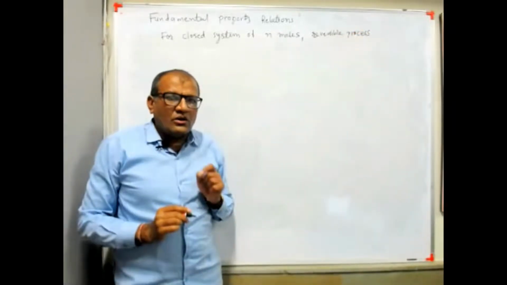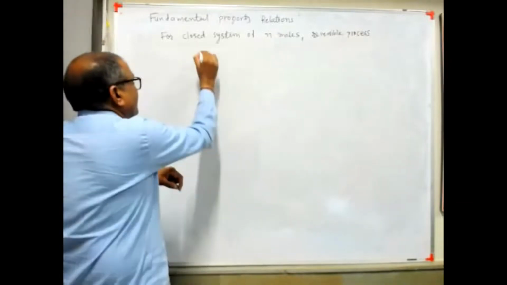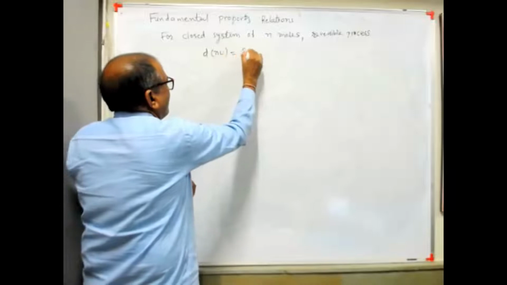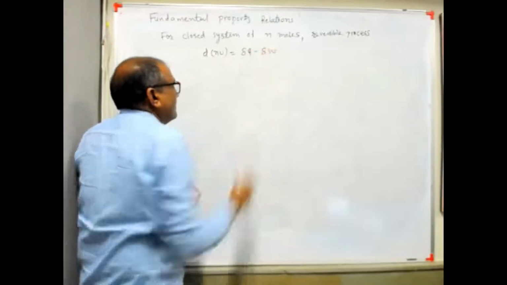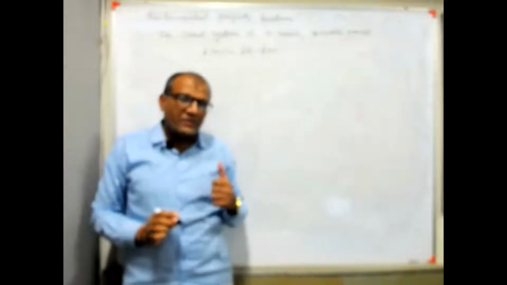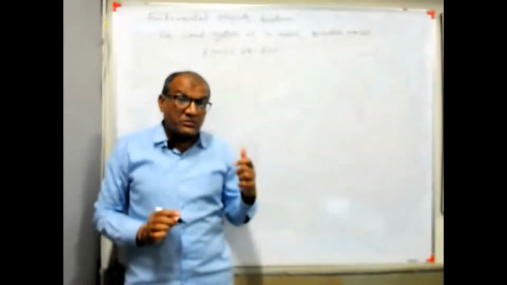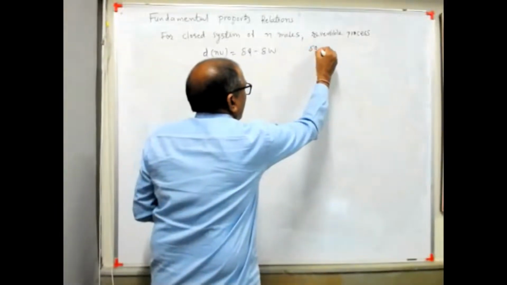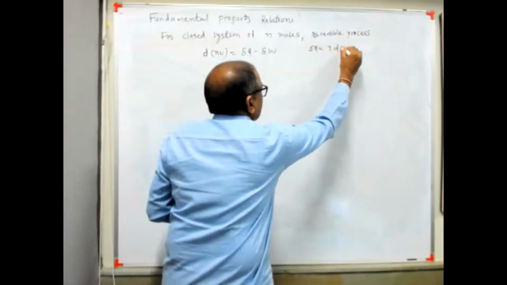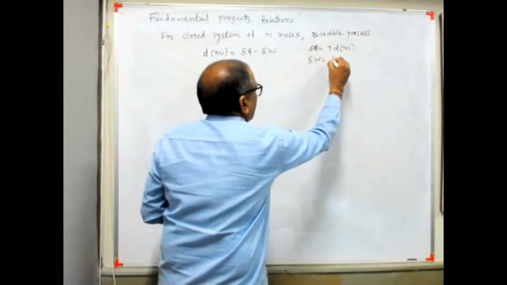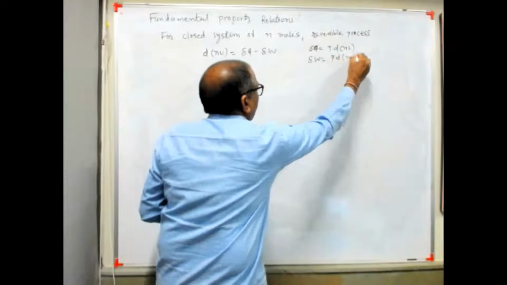The first law of thermodynamics can be written dnU equal to del q minus del w. But for a reversible process, del q equal to T dnS and del w equal to P dnV.